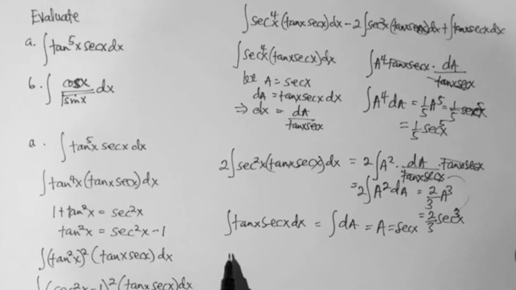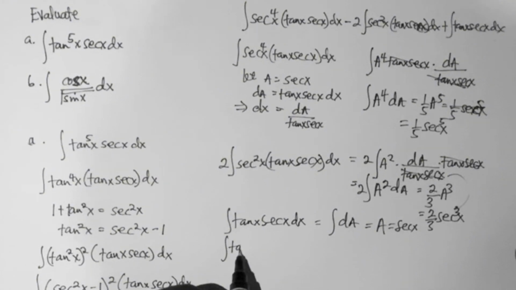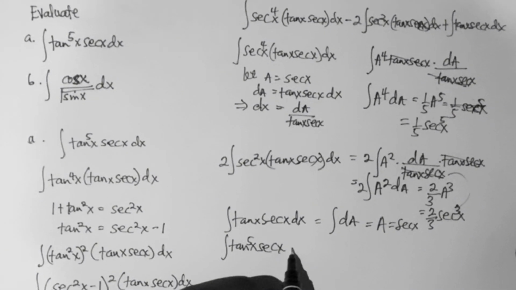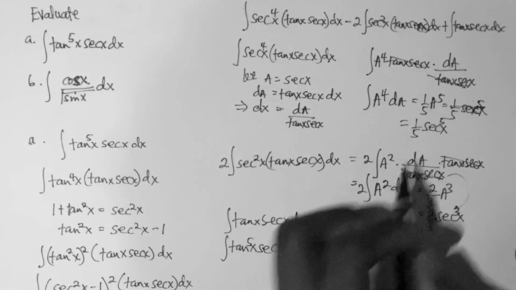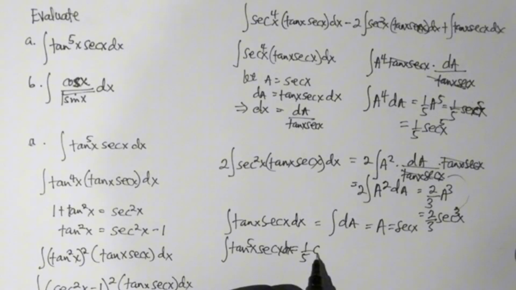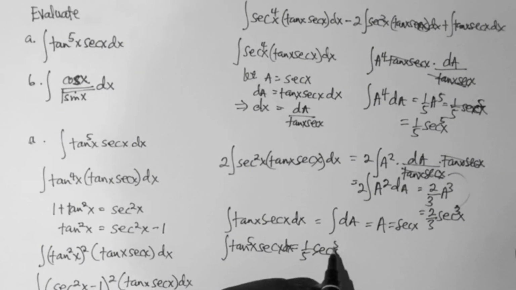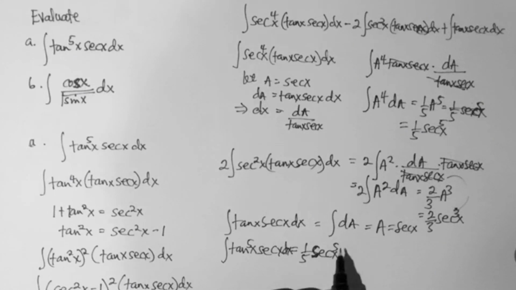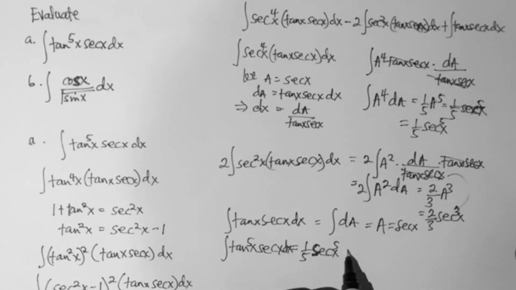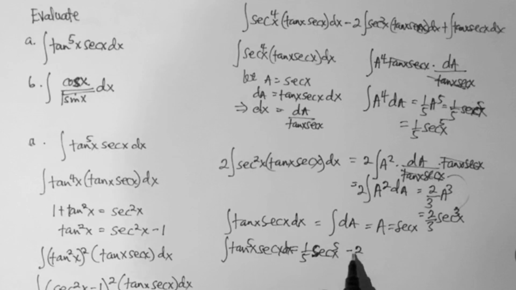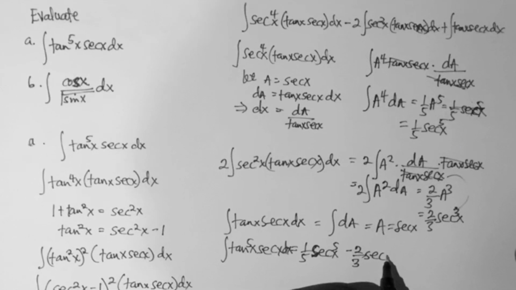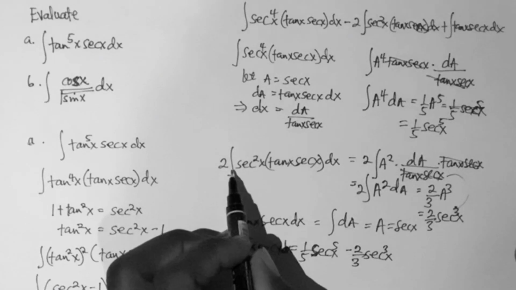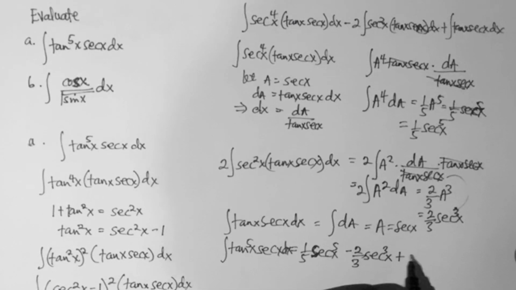And therefore integral of tan x exponent 5 sec x dx is equal to this integral, which evaluates to 1 over 5 sec x exponent 5, and then this one, which is minus 2 over 3 sec x exponent 3, and plus this last one, so plus sec x.